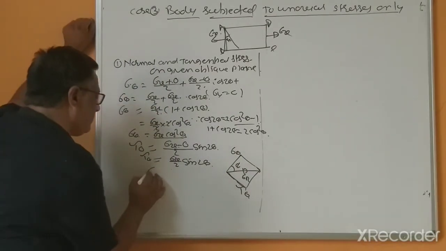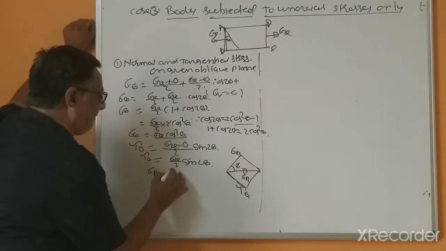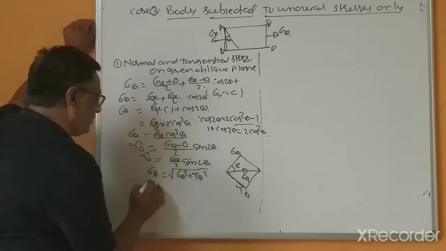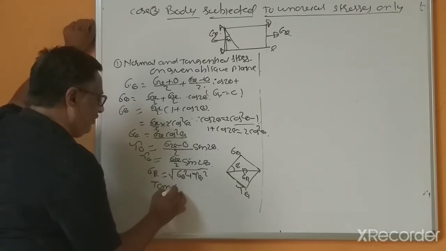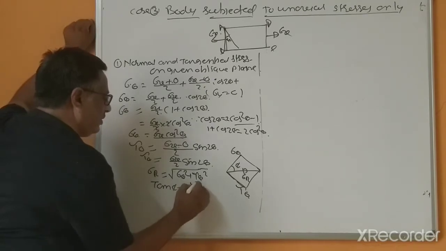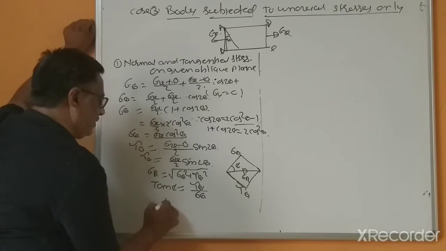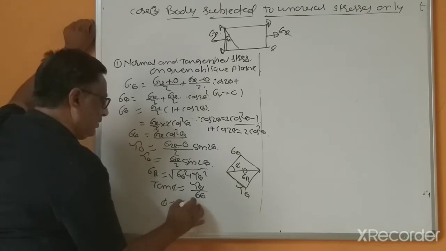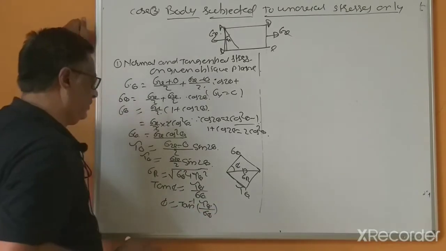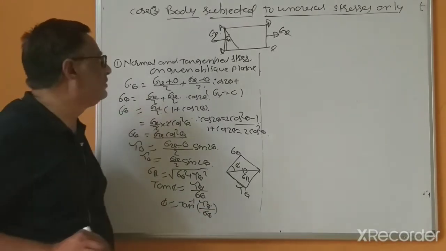So sigma r equal to under root sigma theta square plus tau theta square, and tan phi equal to tau theta divided by sigma theta, so this is phi equal to.